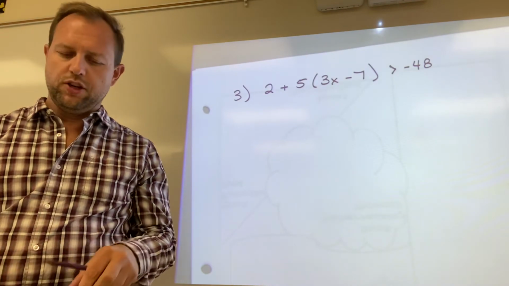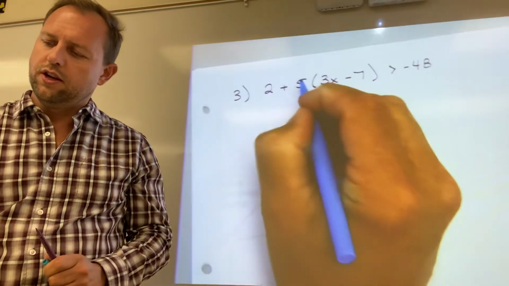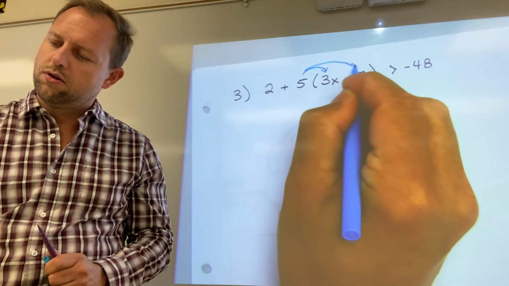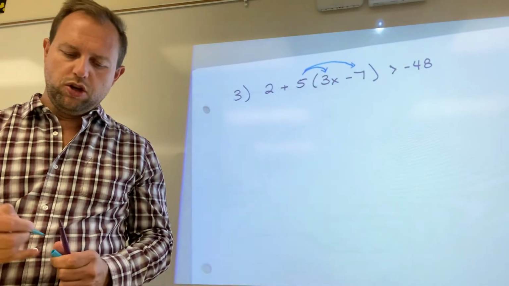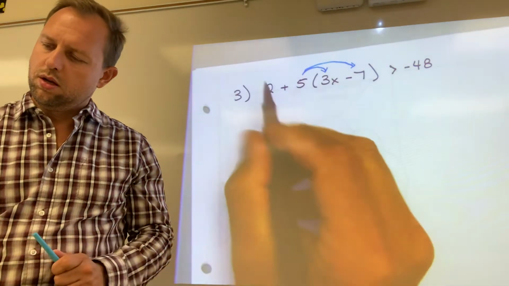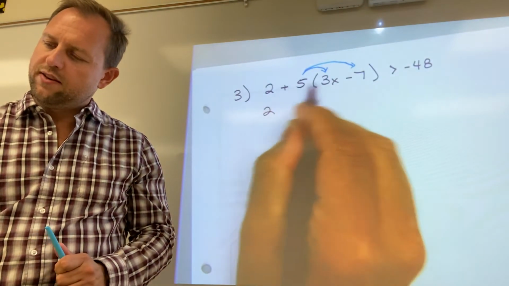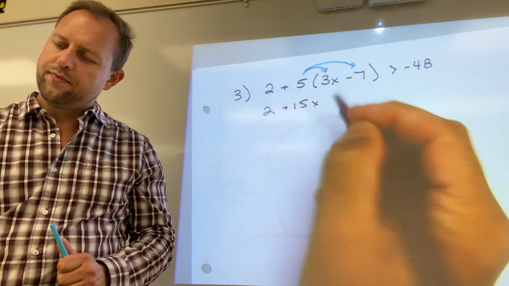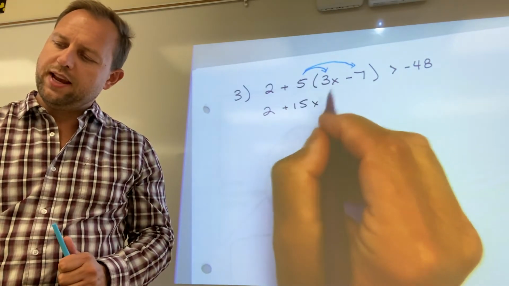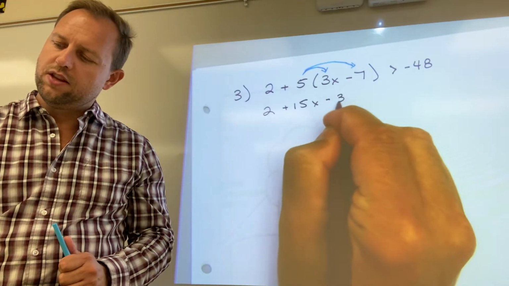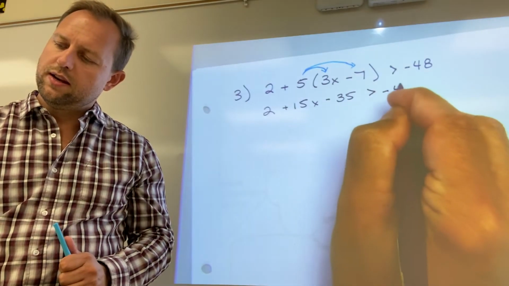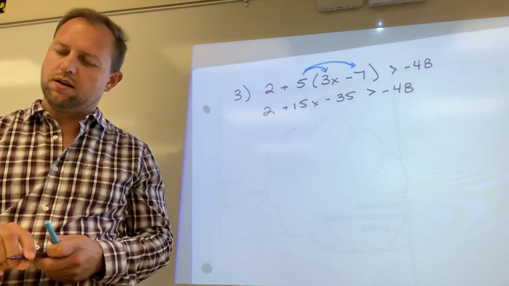First thing we have to do, you guessed it, distribute. Bring down the 2. Positive 5 times 3x is a positive 15x. Positive 5 times a negative 7 is a negative 35, greater than negative 48.